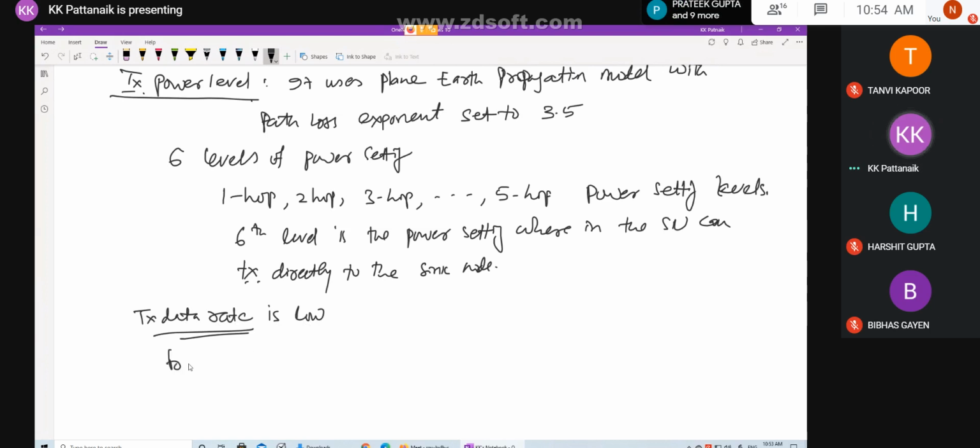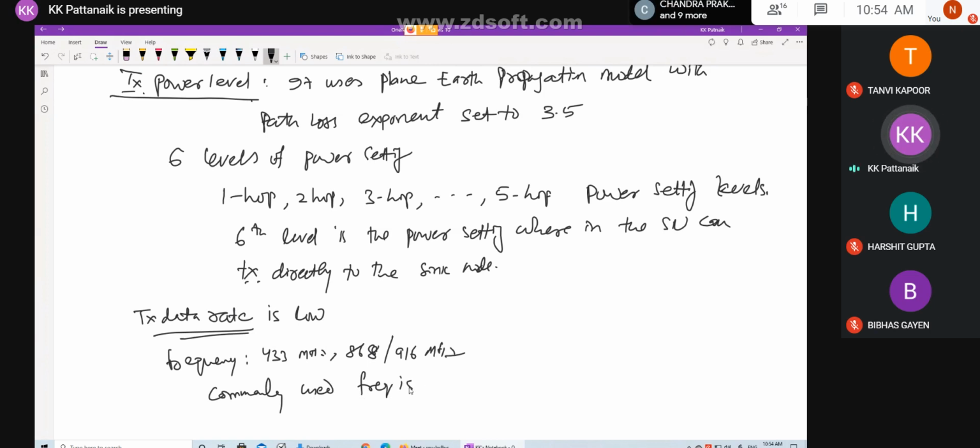And frequency, although there are many frequencies available, for example 433 megahertz, 868 or 916 megahertz, etc. But the most commonly used frequency is the 2.45 gigahertz ISM band, which is an unlicensed band. Okay. 2.45 gigahertz ISM band.